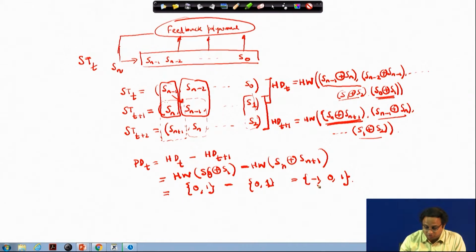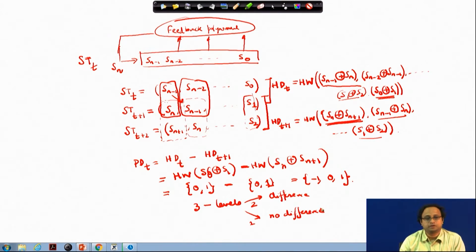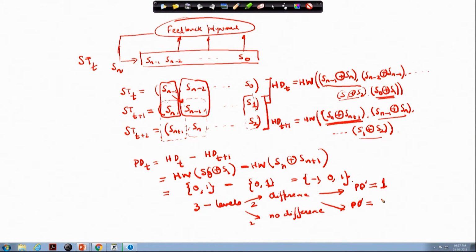And that is why you have got 3 levels here, out of which 2 are where there is a difference, and there is one case where there is no difference. That means the power essentially remains constant, okay. And therefore, in this case, we will have the PD dash value as 1, whereas in this case, your PD dash value will be 0 because there is no difference, okay.